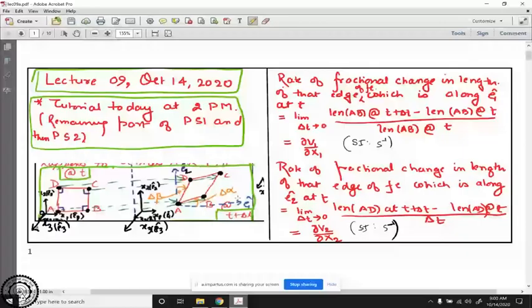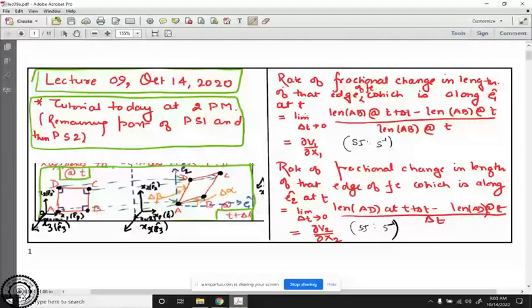First was the rate of fractional change in length of that edge of our fluid element, ABCDEFGH, which is along E1 at time t. So AB is along E1 at time t.